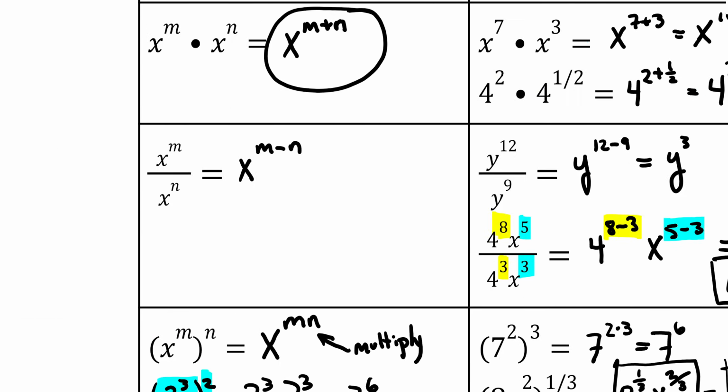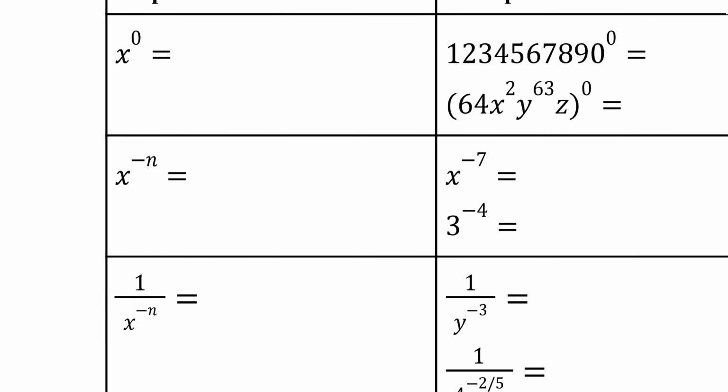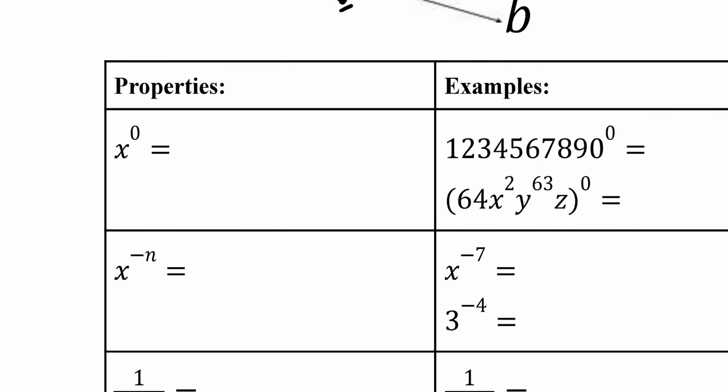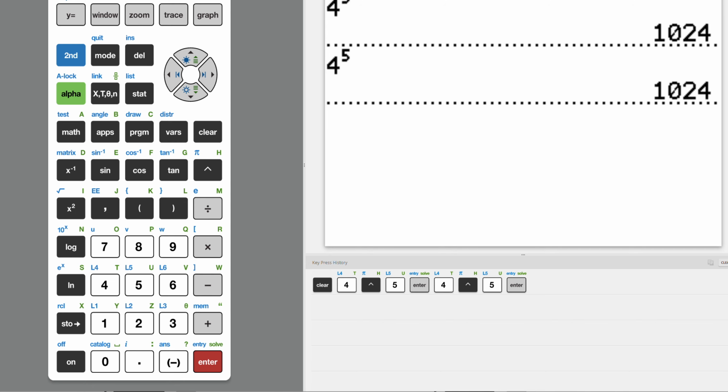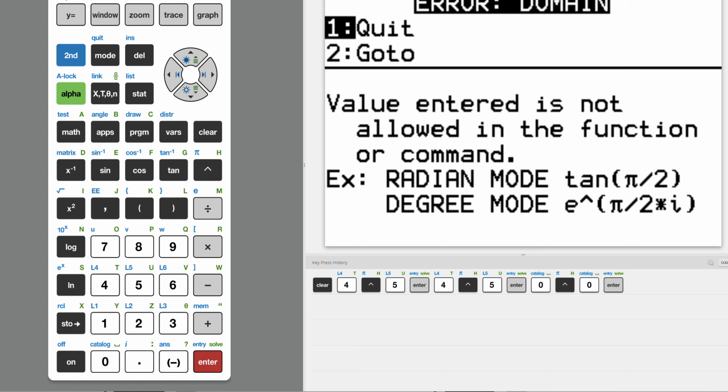Let's take a look at this one up here. x to the 0. Now, anything raised to the 0 power, this is pretty straightforward. Students always want to say 0, but it's actually 1. And there is a stipulation. The base, in this case x, cannot be equal to 0. You cannot take 0 and raise it to the 0 power. If you try to do that, it gives me an error.